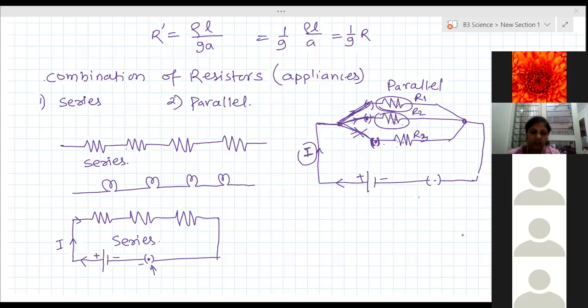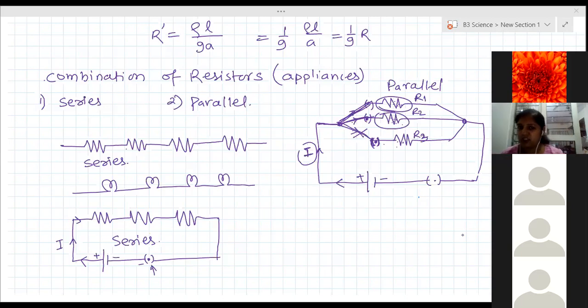Ma'am, I have a question. In a parallel combination, even if you cut off one of the supplies, will the amount of current increase in the other? No, it will not increase. It will remain the same. It will not change. Is it clear?